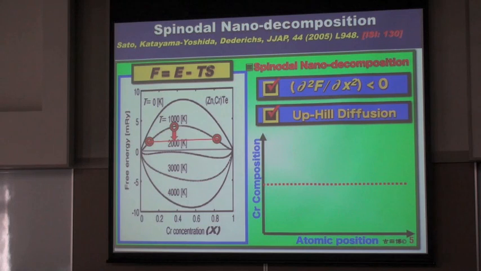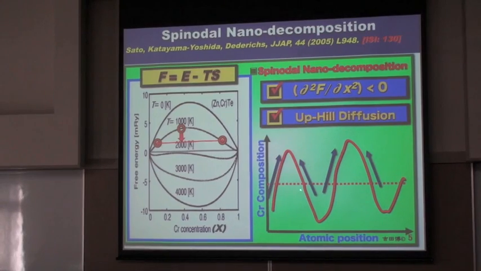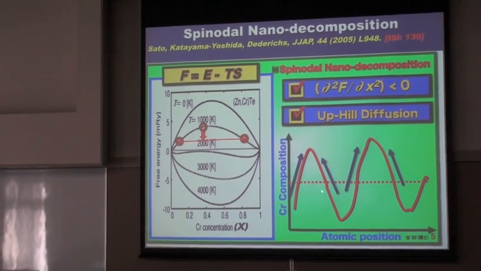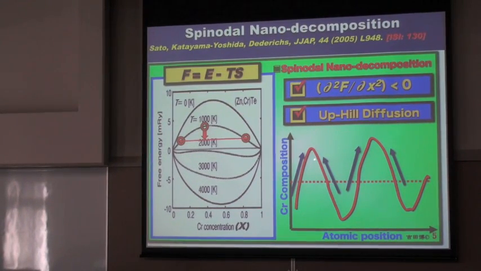In this case, you can dope zinc and chromium homogeneously, but then they completely break the symmetry, and the low concentration region becomes lower and the high concentration region becomes higher. Just like capitalism, rich people become very rich and poor people become poorer. In this case, the impurity diffuses from the low concentration region to the high concentration region. We call it uphill diffusion.